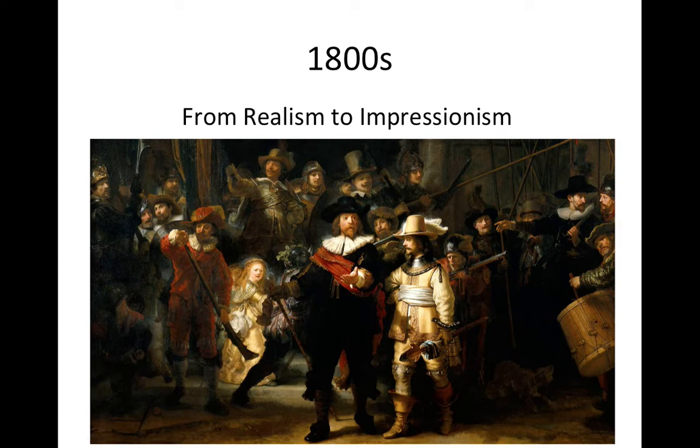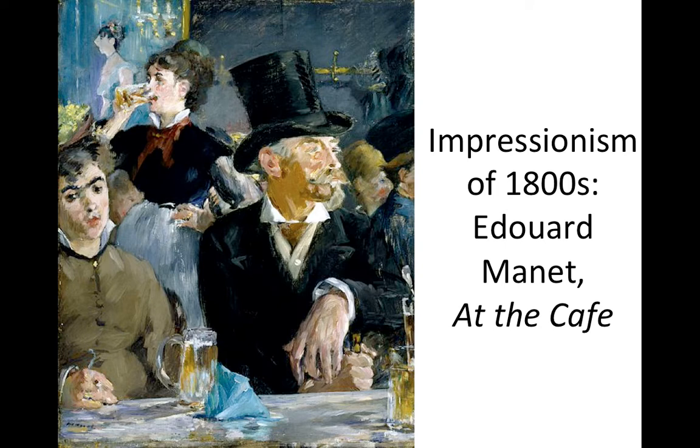Towards the end of the 1800s, we see the era of Impressionism. Now this is a Manet piece. You know of Monet and Manet. Manet still showing a bit of realism in the sense of the topic. So the topic is day-to-day life.